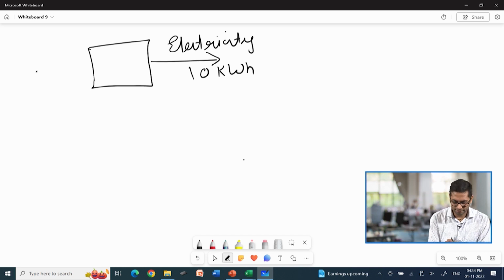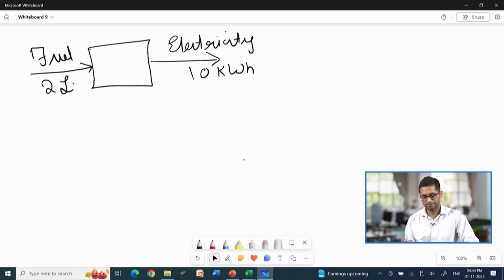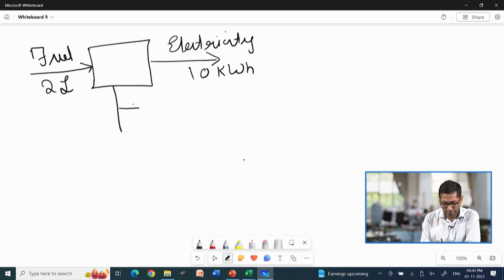For production of this electricity, you would need some kind of fuel that would have to go in. So, let us consider it to be a hypothetical fuel which is input at the rate of 2 liters. And further in this conversion process, you can also expect some kind of emissions to happen. Let us assume these emissions could be that of CO2 and SO2.